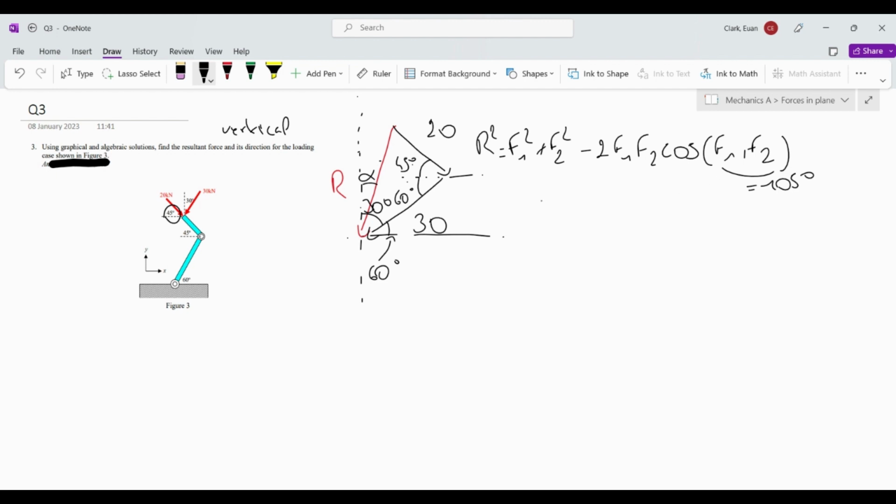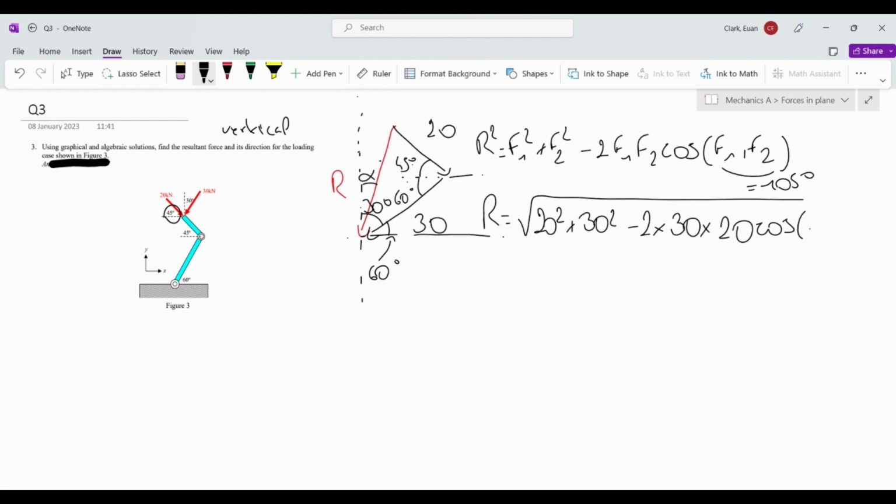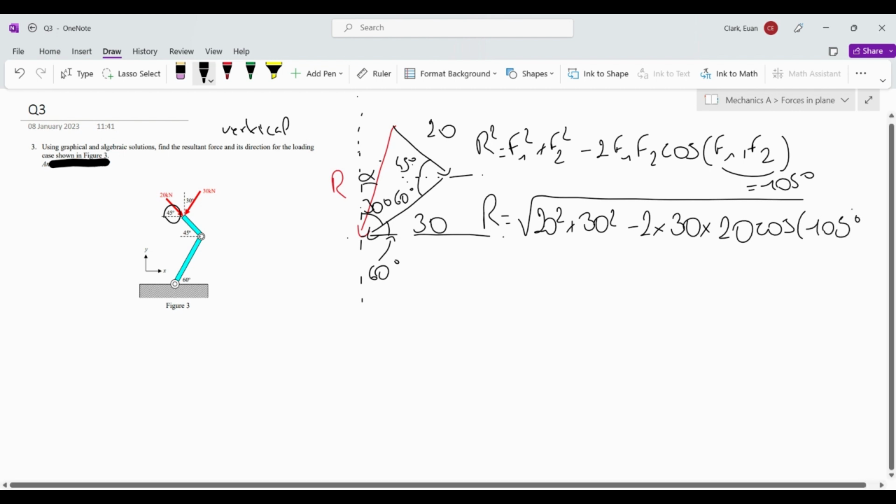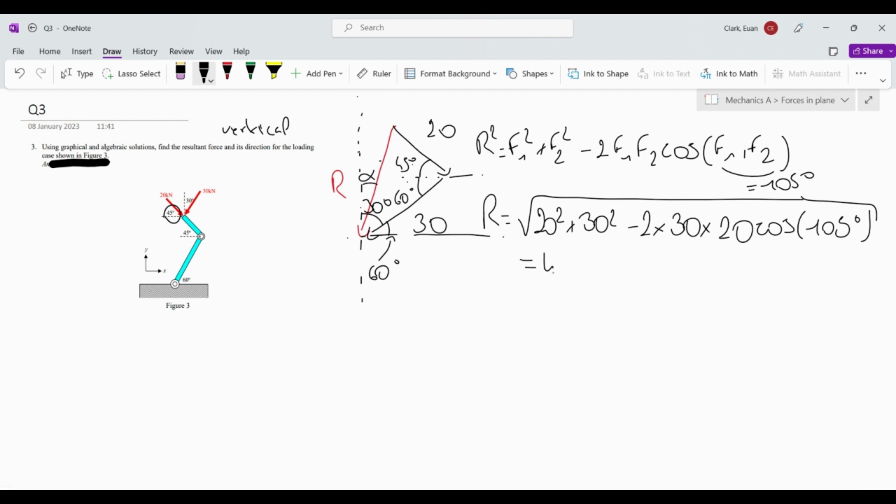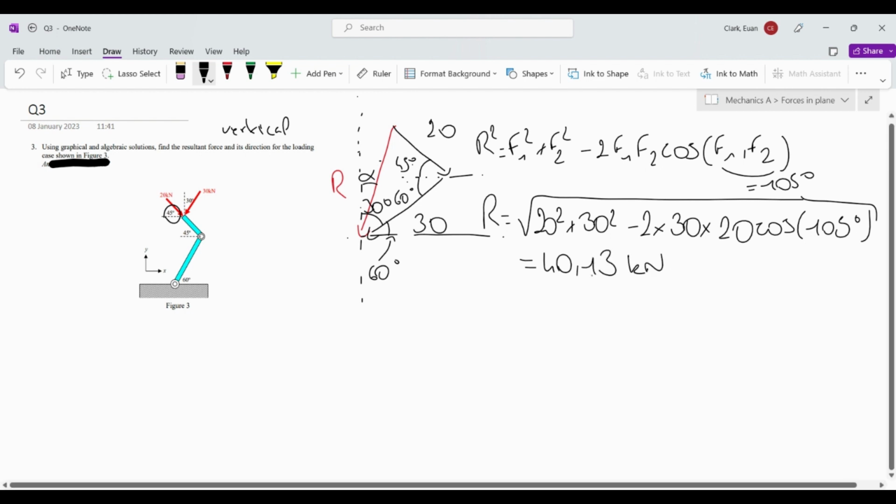So R is equal to the square root of 20 squared plus 30 squared minus 2 times 30 times 20 times cosine 105 degrees. This gives us an answer of 40.13 kilonewtons.